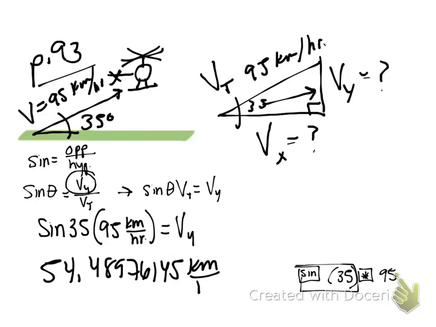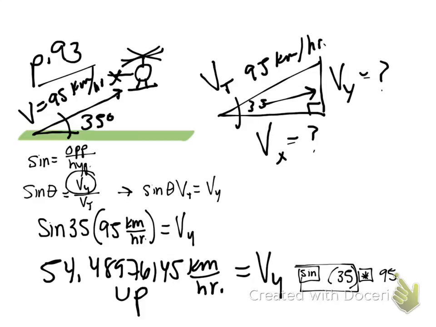Kilometers per hour, right, is equal to Vy. Now, does that vector have a heading? North? Really? Up! Just up.